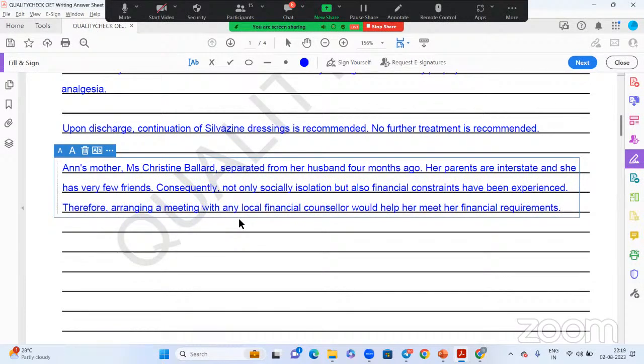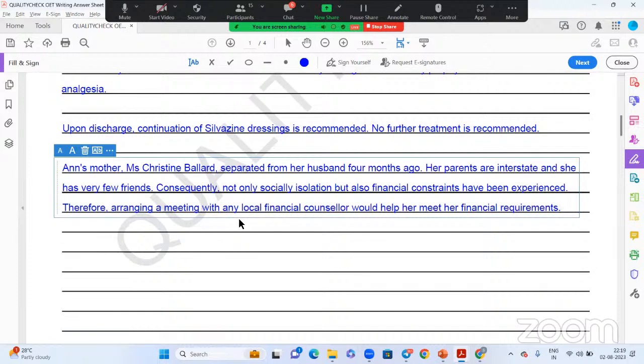If you provide her a financial counselor, they will guide her with some solutions and she can come out of this, overcome this financial crisis. Therefore, arranging a meeting with any local financial counselor would help her solve this, come out of this, overcome this situation.